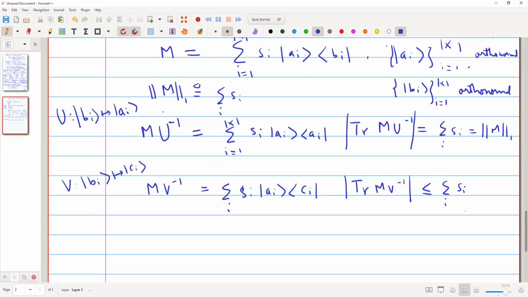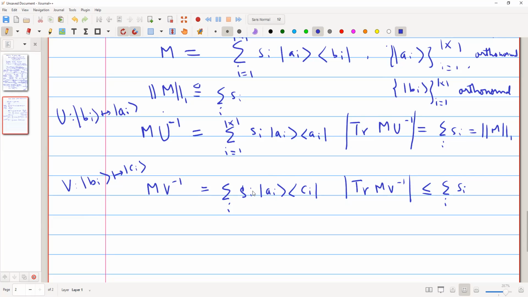So why is that? Let us see. M V inverse, as you can see, it's just the triangle inequality. Yeah, this is easy to check. I'm just doing it because one may not be used to this Dirac bra-ket notation and all that. It's a good notation once you get used to it. So M V inverse is this thing.